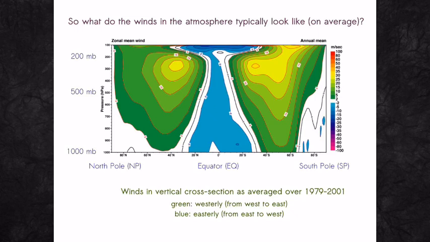So just to orient ourselves here, we've got a cross-section running north and south. We've got the South Pole over here to our right, equator in the middle, North Pole to our left.